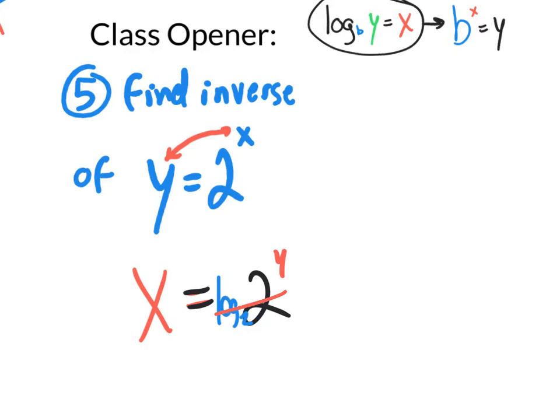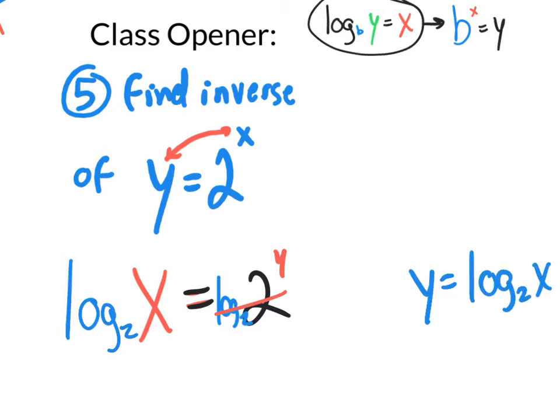But you can't just do something on one side of the equation. You have to do it to the other side of the equation, log base 2 of x. So what do we have here? Our answer is y equals log base 2 of x. That's our inverse of the original y equals 2 to the x power.